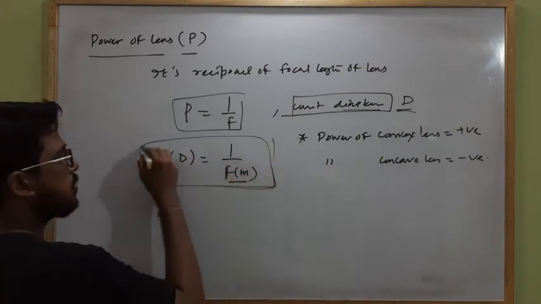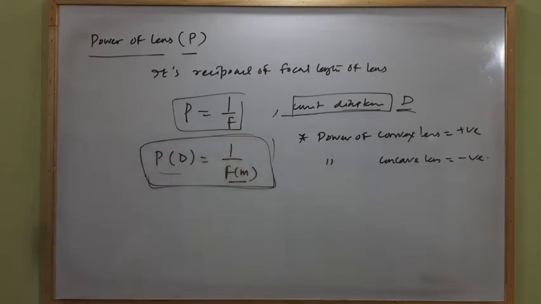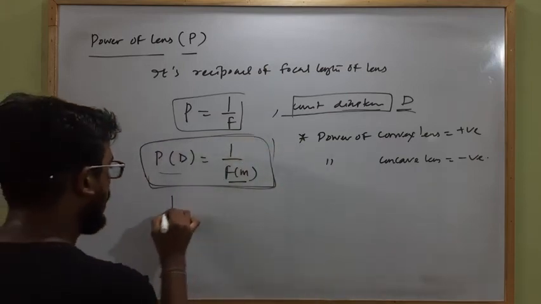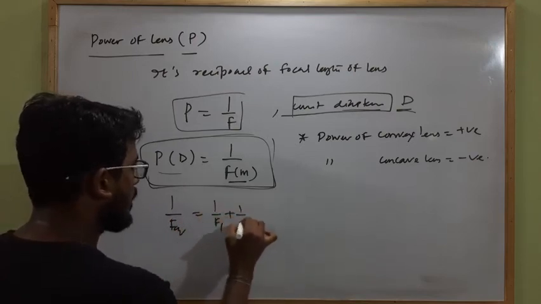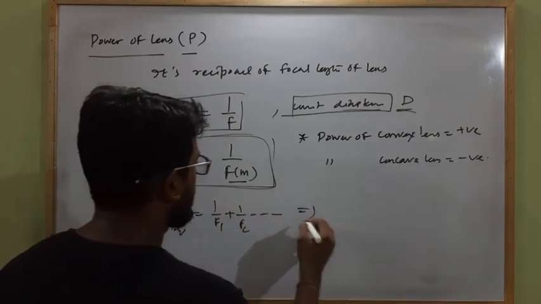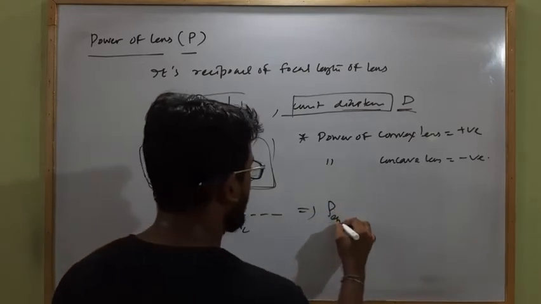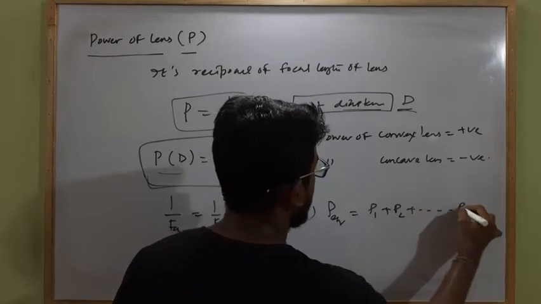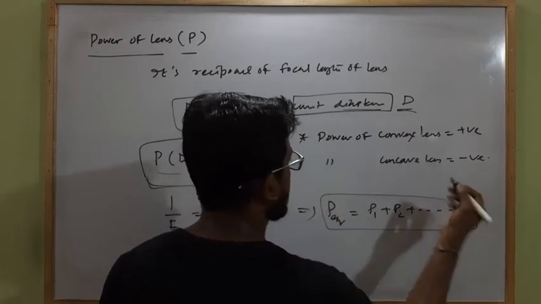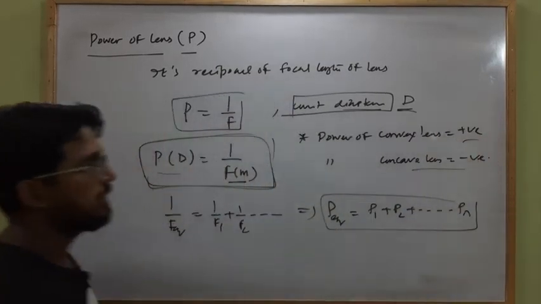Clear? So this is known as the power of a lens. So for a combination of lenses, 1 by F equivalent will be equal to how much? 1 by F1 plus 1 by F2 and so on. This implies the P equivalent for a combination of lenses will be P1 plus P2 plus up to Pn, and all powers are used with their sign.